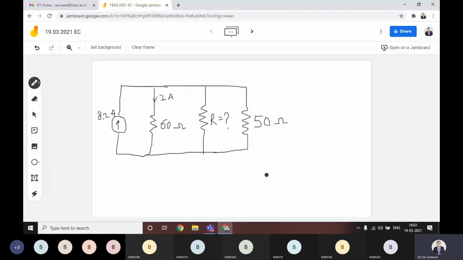For those who join late, you have to find the value of R so that the current flowing through this 60 ohm resistor is 1 ampere.